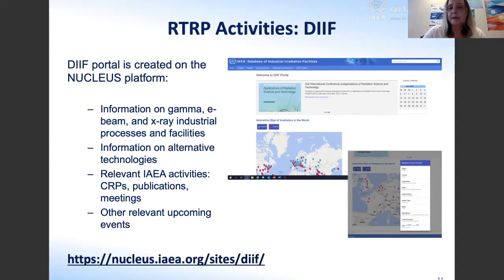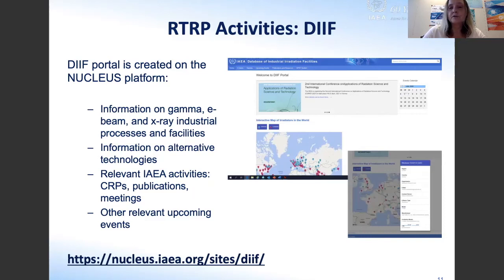You can see a map here and different pins, and basically each pin corresponds to a facility, and it's interactive. You can click on it and you can see the name of the facility, location, and some information of what kind of products are processed and how and so far.